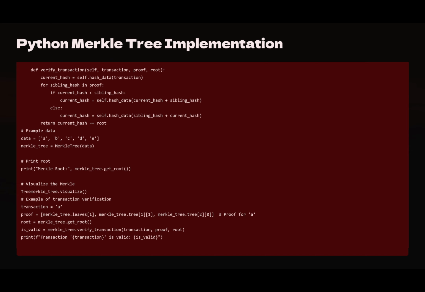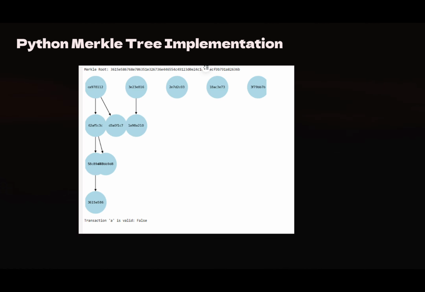This is the example I put in my algorithm. It shows my final output after the Merkle root is generated, and this is the plot. Actually, it's not very perfect, and the transaction is valid.